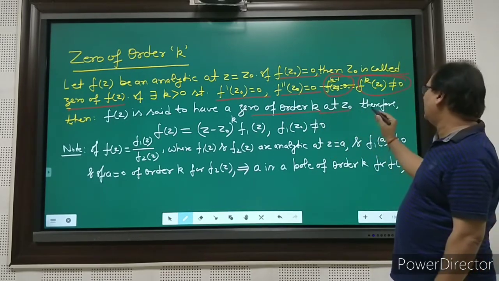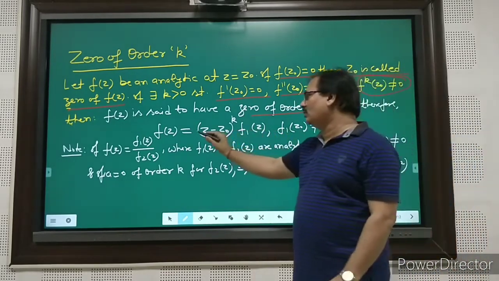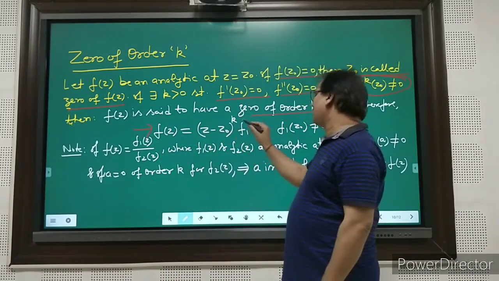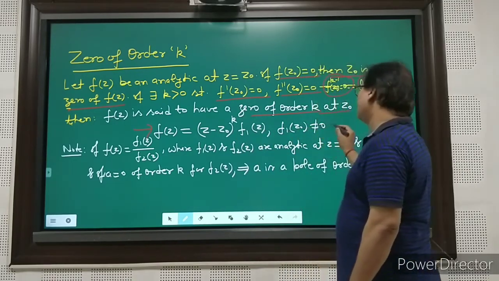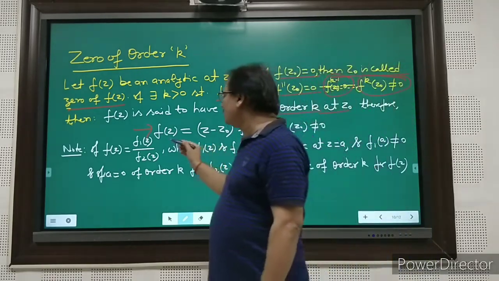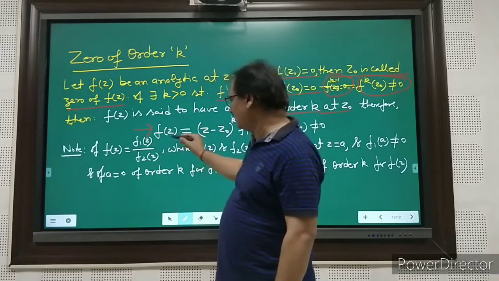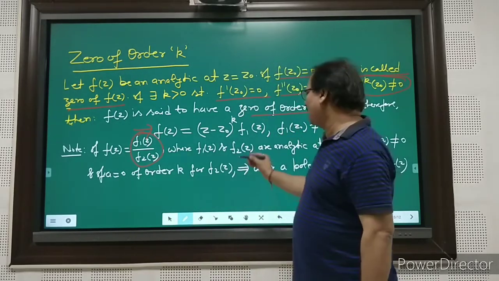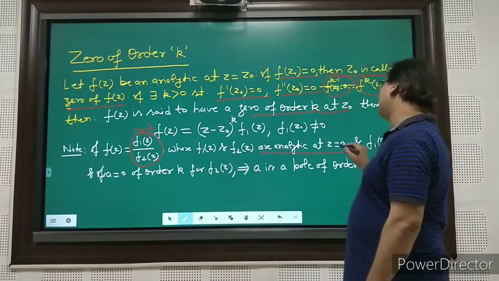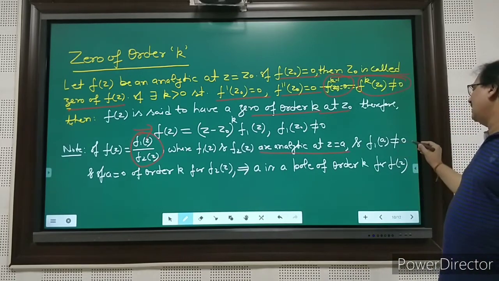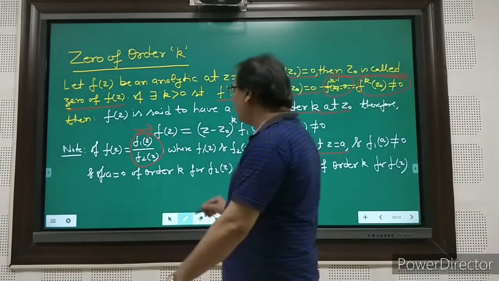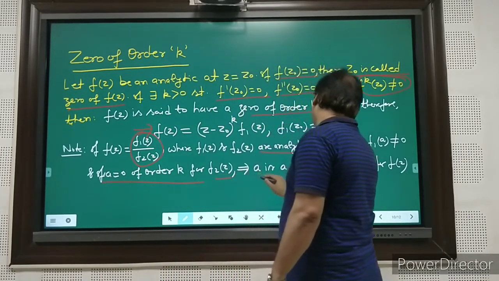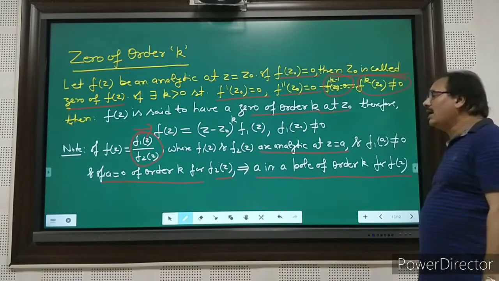So this is of order k at z0, then f(z) is equal to, mathematically you can express it like this, (z minus z0) power k times f1(z0), which is not 0. And if you have a quotient, f1(z) divided by f2(z), where f1(z) and f2(z) are analytic at z is equal to a, and f1(a) is non-zero, and if a is a zero of order k for f2(z), then a is called a pole of order k for f(z).